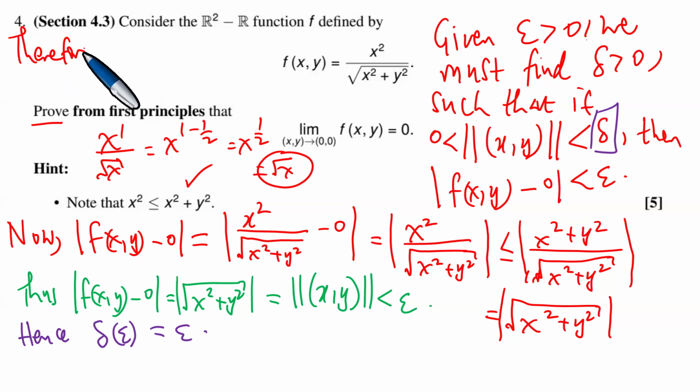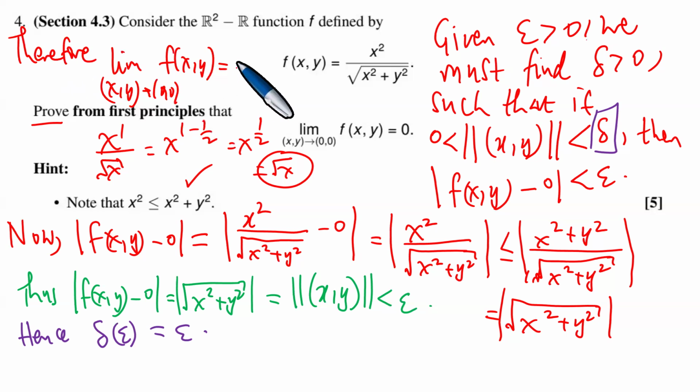Therefore, the limit of the multivariable function as x and y approach 0, 0, this limit is 0. We have solved this problem and we have answered this question in detail, and we are through.